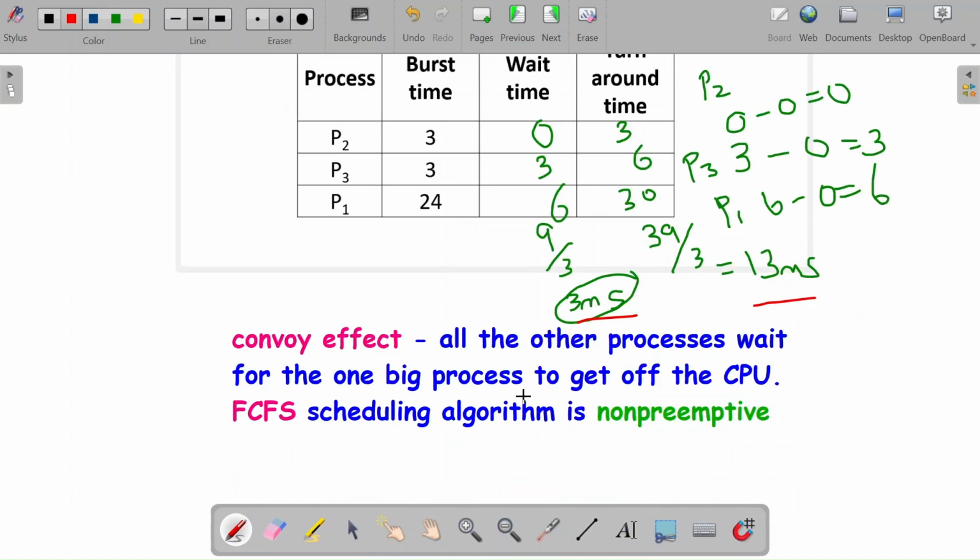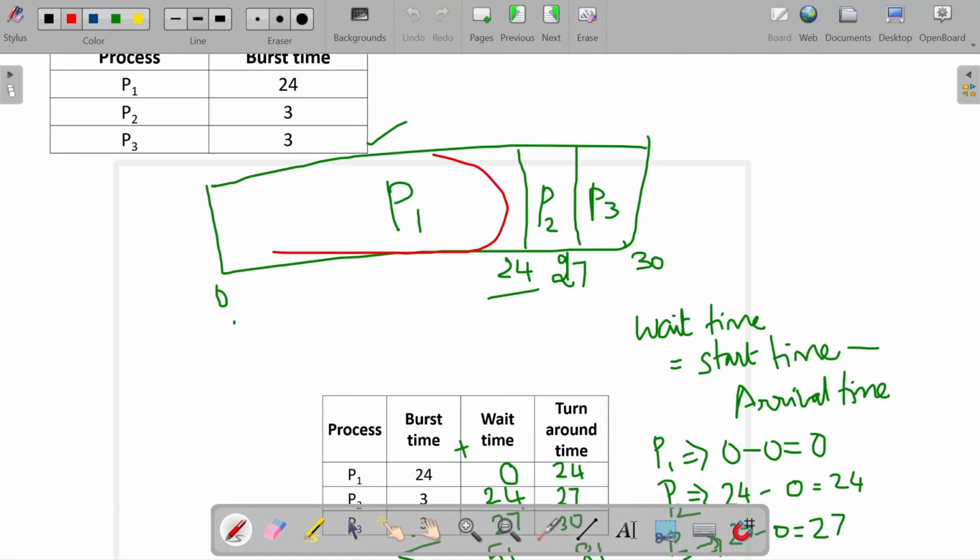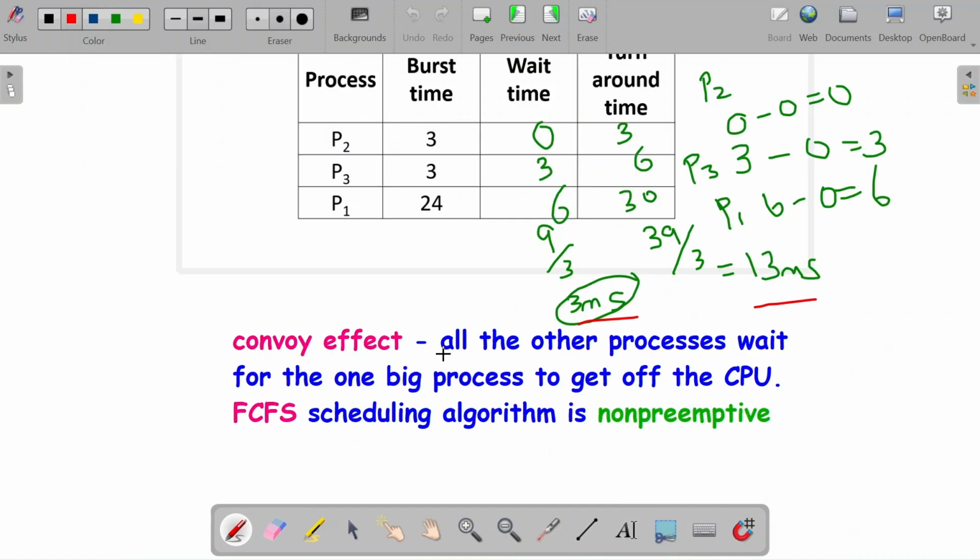Why is that? What is the problem with the earlier one? A longer process, a process with a long CPU burst time, occupies the CPU and denies the allocation of CPU to other processes with lower CPU burst time. This is called the convoy effect. All the other processes wait for the one big process to get off the CPU.